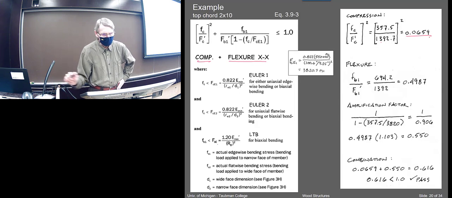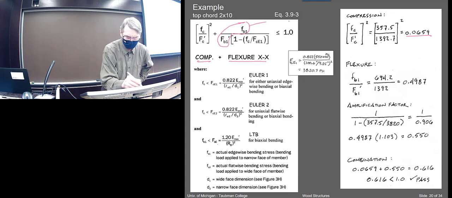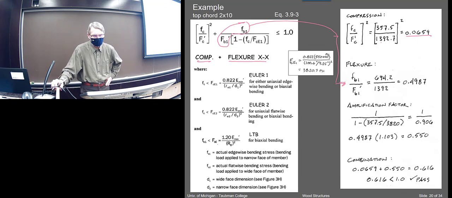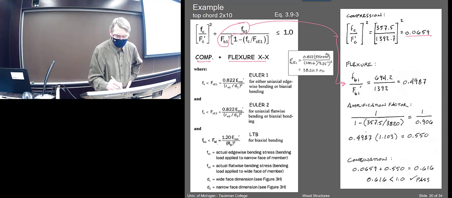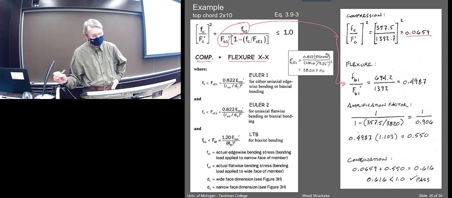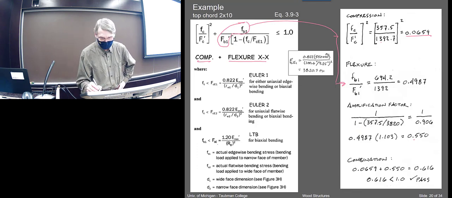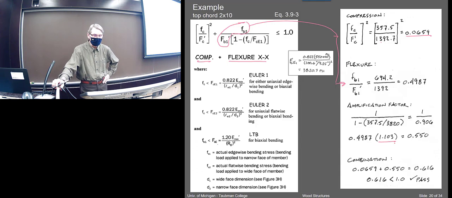And then the flexure, what I'm going to do is this part first. So that's what this is. Okay, and that comes out to that ratio. That's almost 0.5. And then the amplification factor I did last. And that comes out to be, and you can look at this, it should be an amplification, right? It should end up amplifying it.